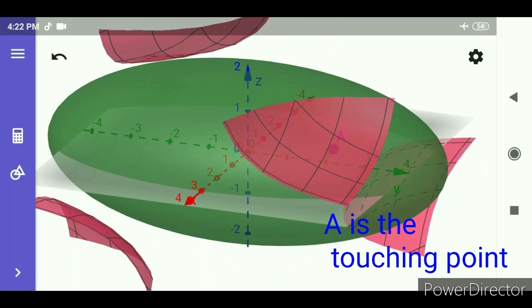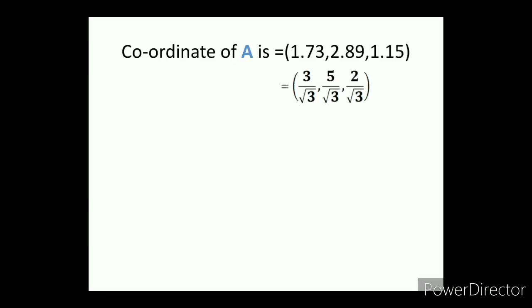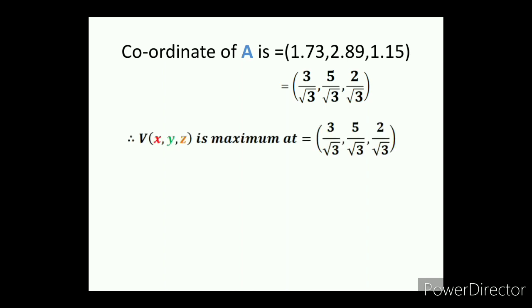Then we see that the coordinates of A are 1.73, 2.89, 1.15, which are equal to 3/√3, 5/√3, 2/√3. And so V(x, y, z) is maximum at (3/√3, 5/√3, 2/√3).